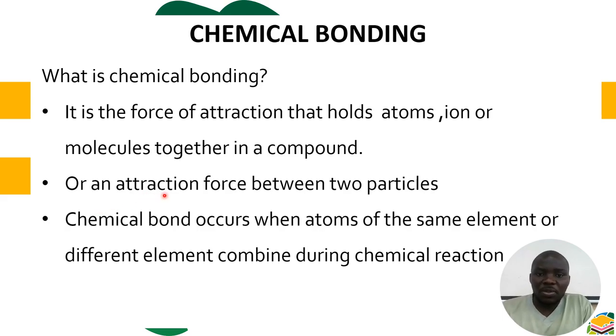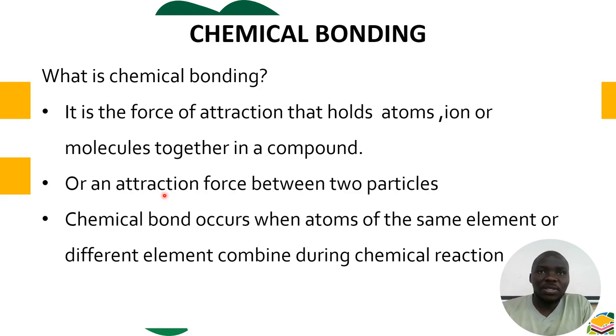So, chemical bonding occurs when atoms of the same element or different elements combine during chemical reaction. If I may take you way back, in the periodic table, we said some of the atoms do not exist as single atoms. They exist as diatomic molecules, most especially oxygen and group 7 elements.